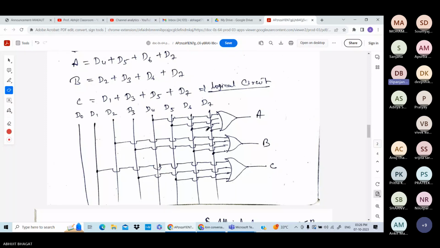Yes sir, we can see. Okay. So you can see D0 to D7, these are the inputs.